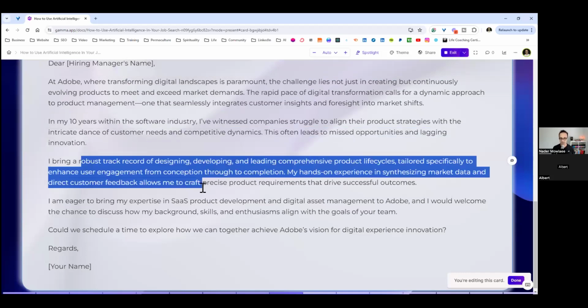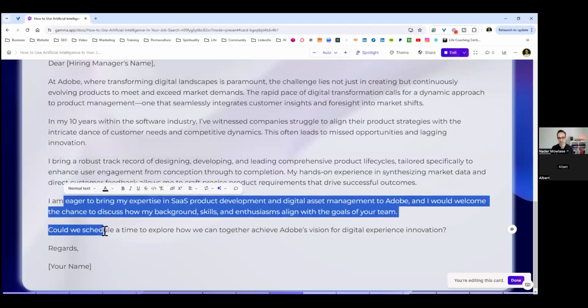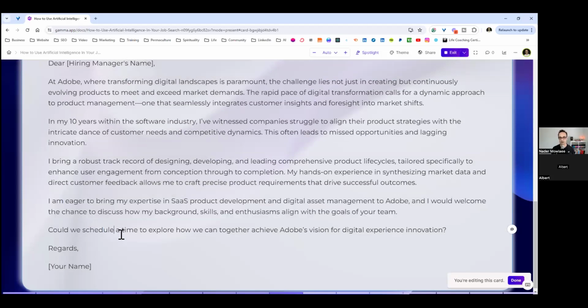And, very briefly, it seems like you have the amount of experience that you have. It makes sense. And sure, I would be interested. It would be crazy to say, no, I don't want to talk to you about how we can achieve Adobe's vision. It makes sense. It's inviting. It's not confronting. It's confident.